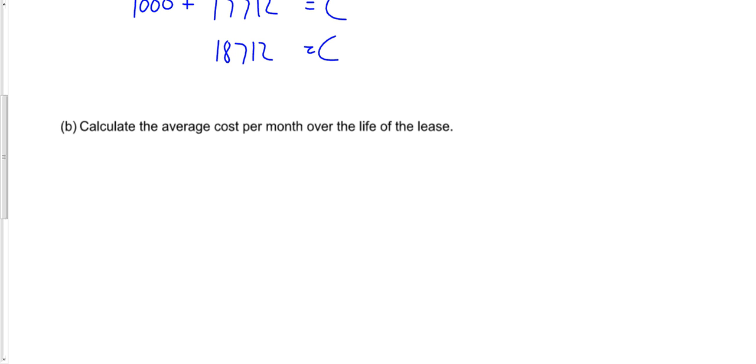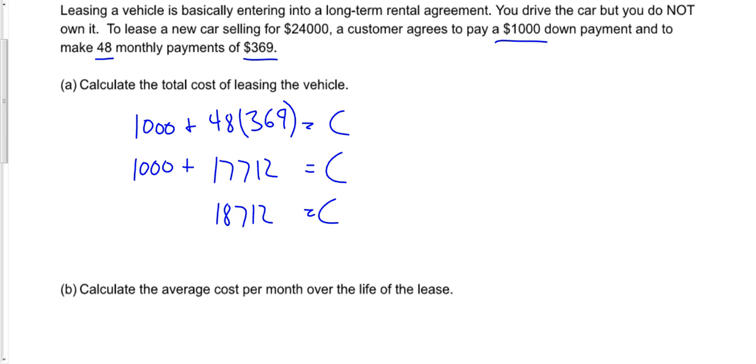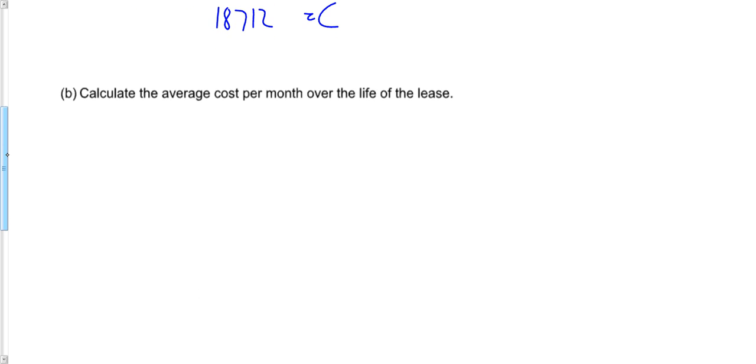Now, if we know that we're going to lease it for 48 months, and the final cost would be $18,712, what's the actual average monthly cost? We know we had to put down $1,000 at the beginning, and we had to pay the dealership an additional $369 per month. So what's that mean in terms of an actual monthly cost? Well, there's 48 months, and the total cost of leasing was $18,712.